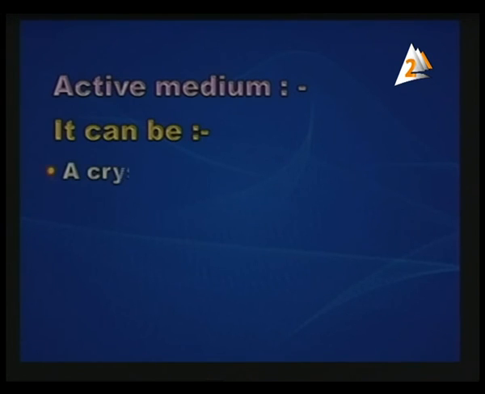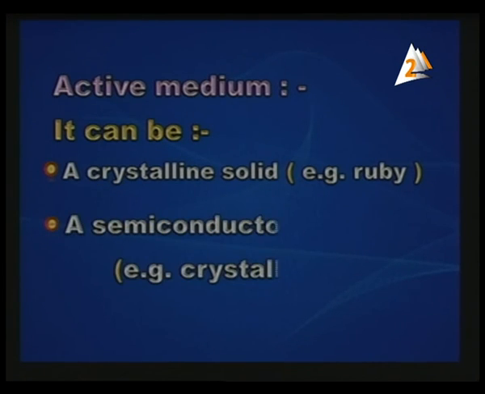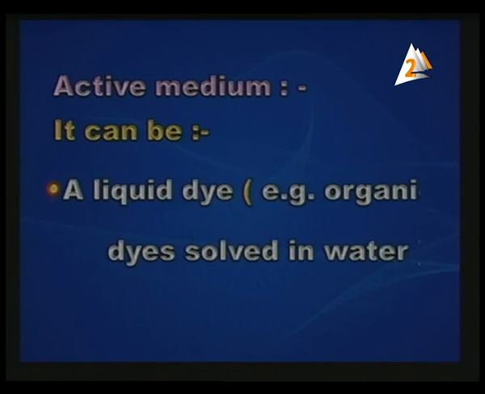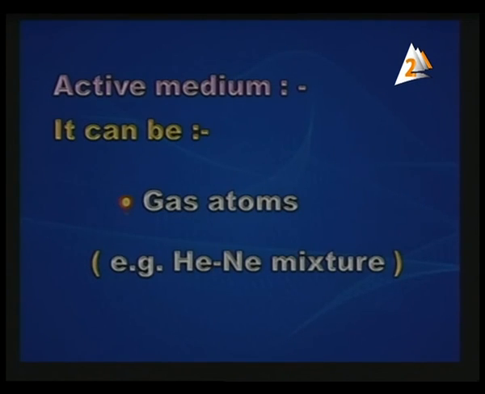and it can be crystalline solid, such as in the ruby laser, or a semiconductor in crystalline silicon, a liquid dye, such as organic dyes dissolved in water, or gas atoms as in the helium-neon laser, a helium-neon mixture, which is the type we'll study together.